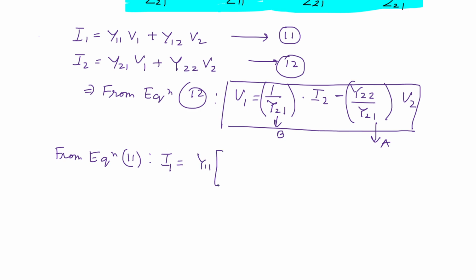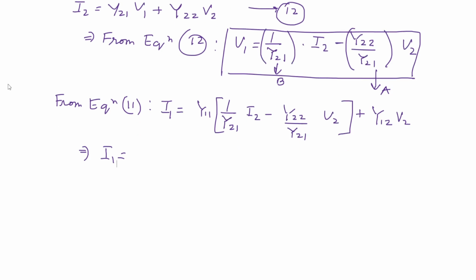Now if we substitute V1 is equal to this, so 1 by y21 into I2 minus y22 by y21 into V2, plus the rest remaining part y12 V2. So if you simplify, I1 becomes, let us take V2 at one side.